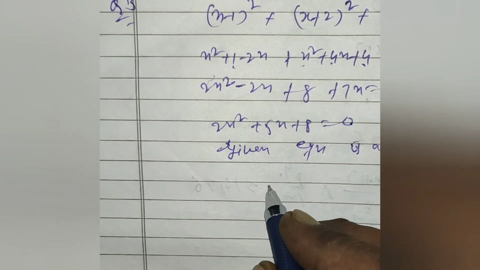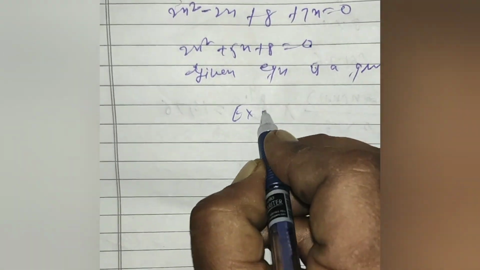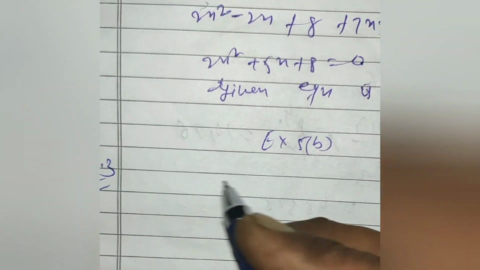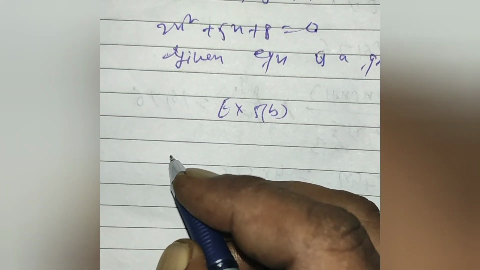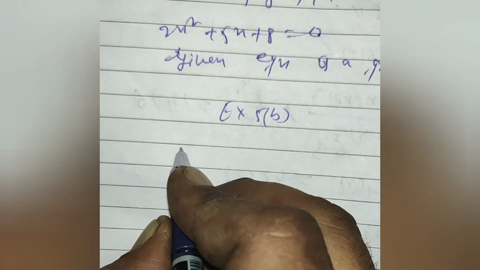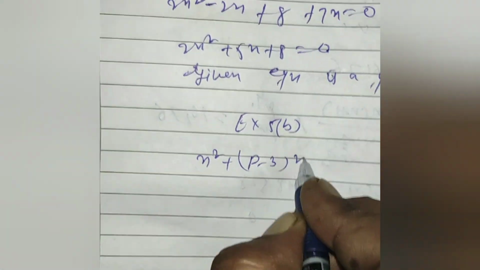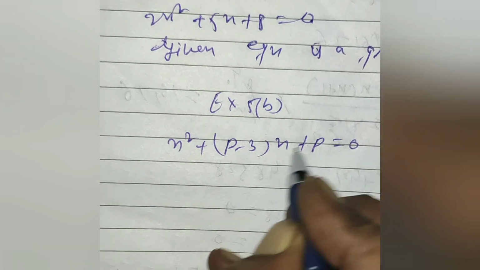Now from exercise 5B, question number is again 3. We have to find the value of p when the quadratic equation has equal roots. The equation is x square plus p minus 3 x plus p is equal to 0.